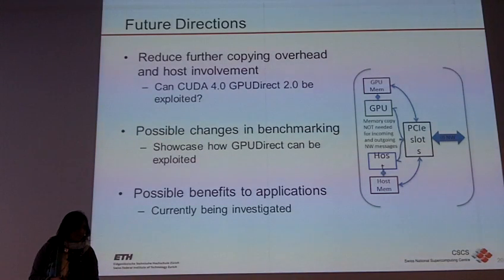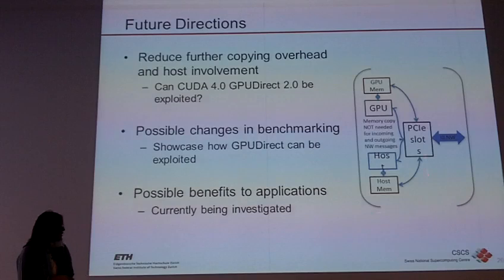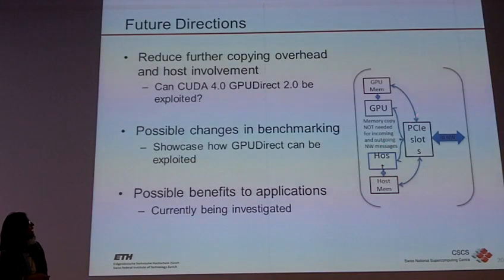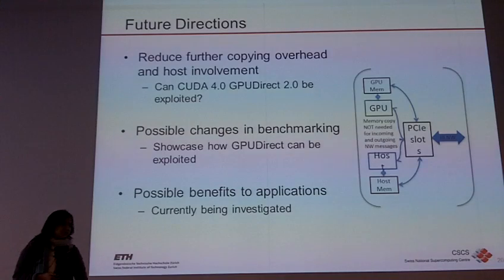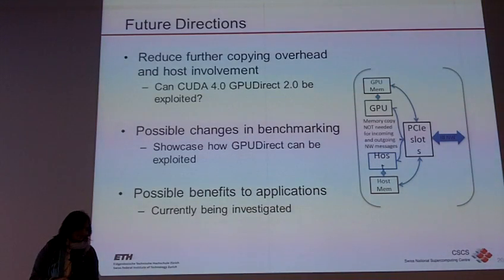So it would be rather difficult to convince application developers to take advantage of these things. If I look at this picture, essentially what we really need is to somehow avoid copying to the host memory at all, because in any case the PCIe chipset here is probably the weakest link in this current picture.